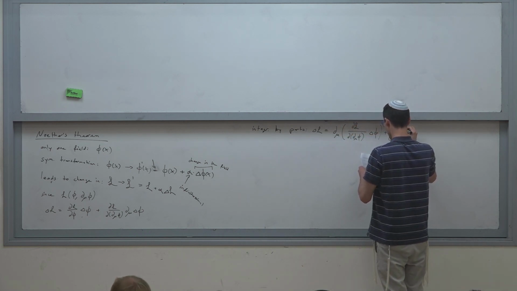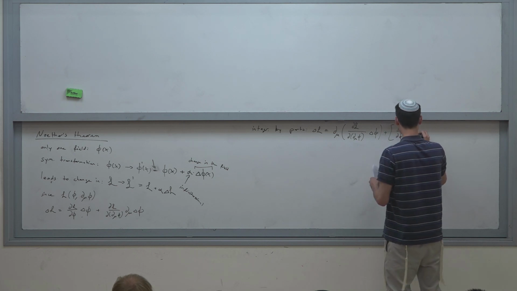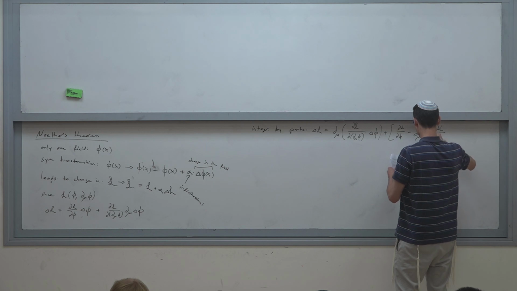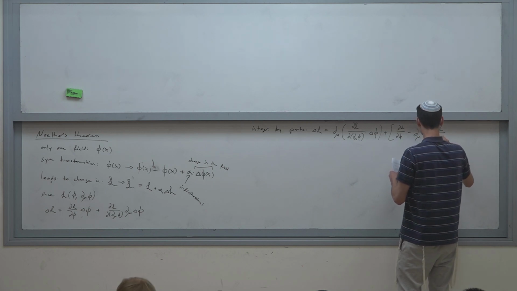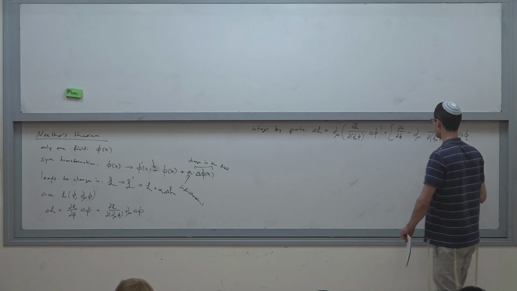This is the surface term. Plus, and then we have dou L dou phi minus d mu of dou L dou mu phi, times delta phi.